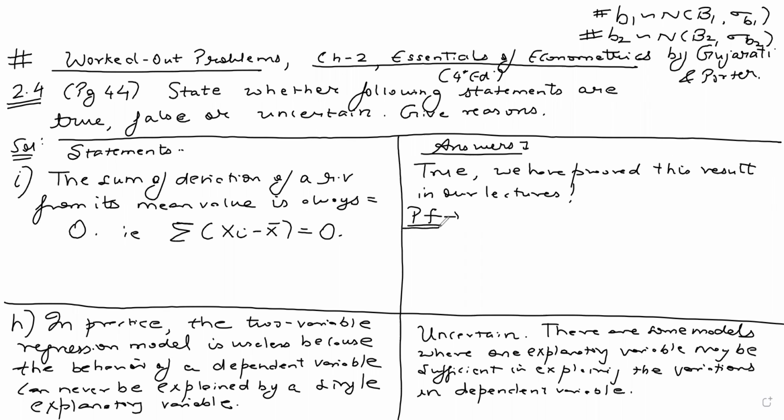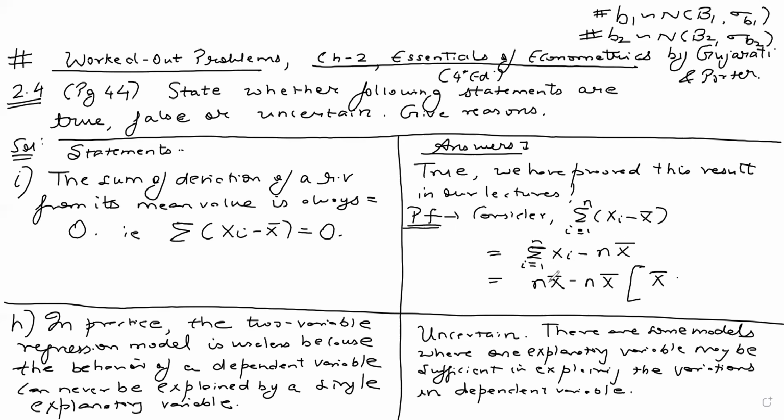For just perfection, I can just quickly do the proof. Consider summation xi minus x bar as i goes from 1 to n. If I have n observations, if I add n times, I get n x bar, and summation xi is nothing but n x bar, because recall that x bar, which is my mean, is nothing but summation xi by n.